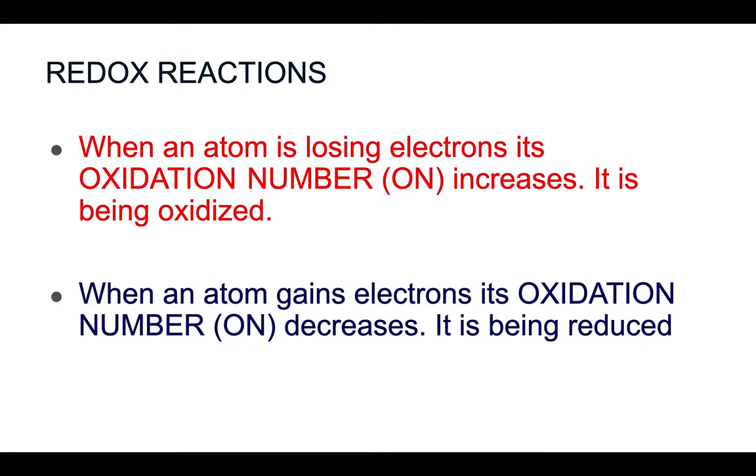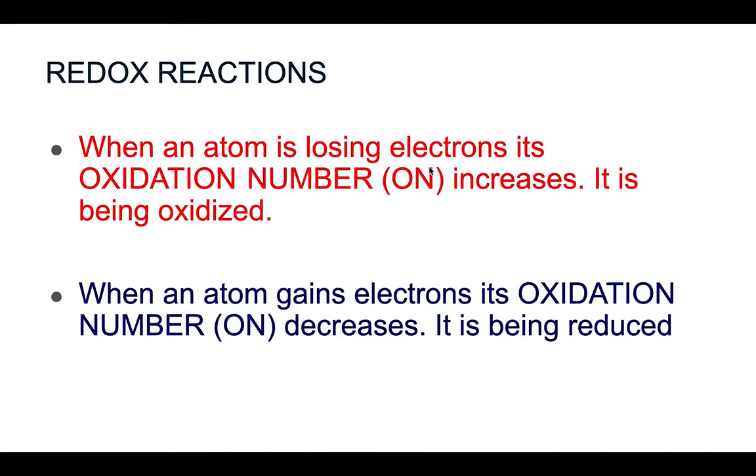So, redox reactions. When we are trying to figure out what's being reduced and what's being oxidized, what we really want to look at is the oxidation number. There are five rules to figuring out what the oxidation number of a species is, and we'll get to those. We'll look at how to determine an oxidation number. But right now, the two big rules are that when an atom is losing electrons, its oxidation number increases.